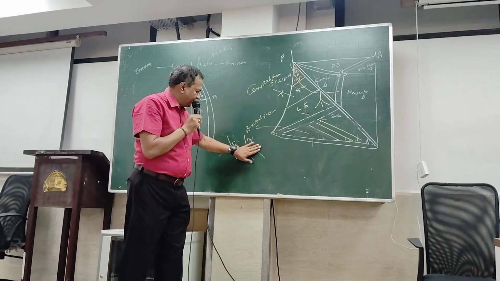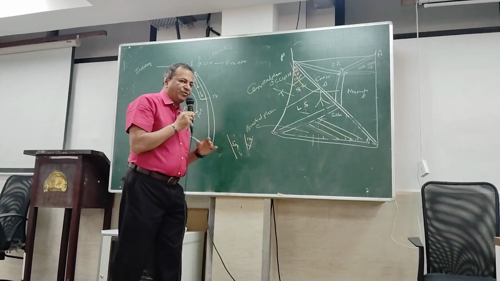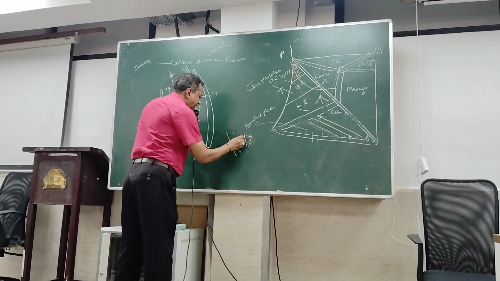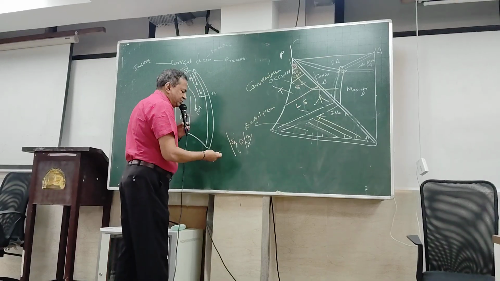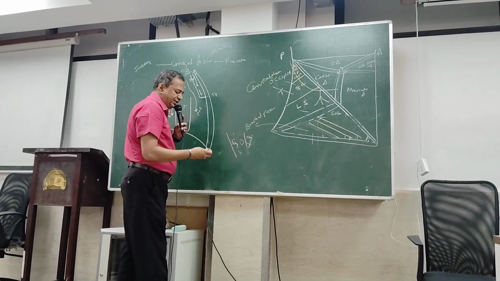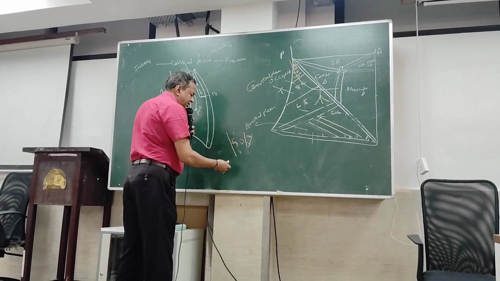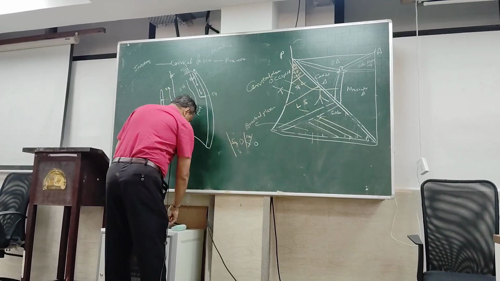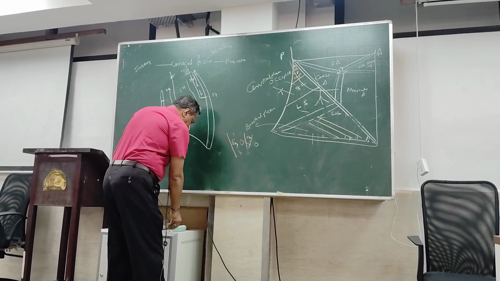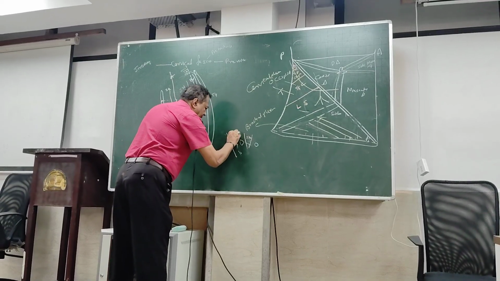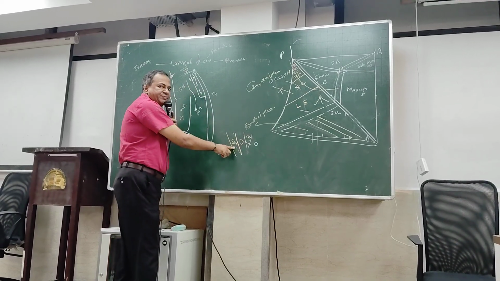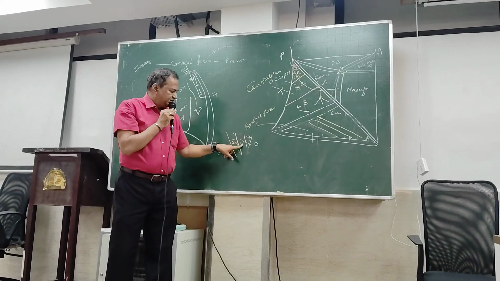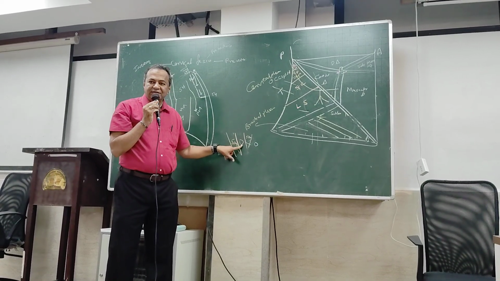Let me make it simple for all of you. Subclavian artery is posterior to the scalenus anterior, anterior to scalenus medius. So this is scalenus medius. This is subclavian.